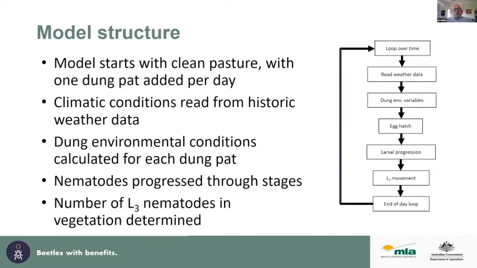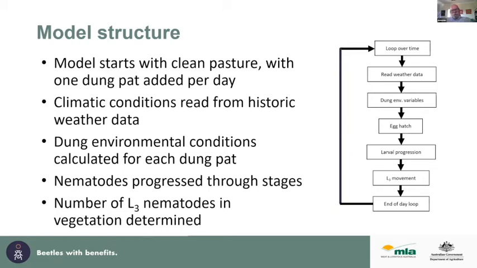Then dung environmental conditions are calculated for each of the pats that are in the pasture. Then we progress the nematodes through their larval stages and hatch eggs according to environmental conditions, and then eventually migrate the third instar nematodes to the vegetation.